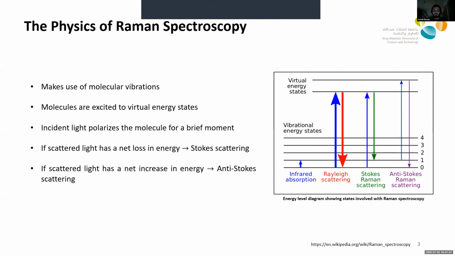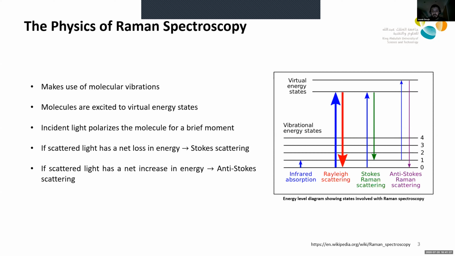Raman spectroscopy is based on molecular vibrations. If you excite a molecule with a laser, and for example, it goes to a higher virtual energy state and then goes down to the same state from where it started, that means that you're having that elastic scattering that we mentioned you're not interested in, and here it's called Rayleigh scattering in the picture.